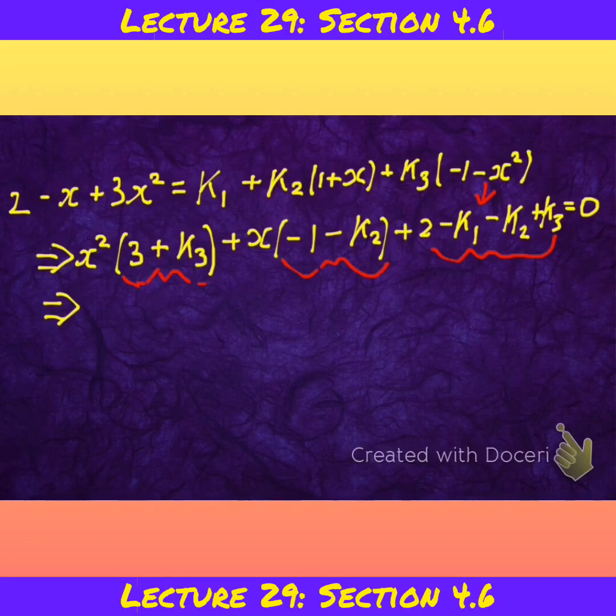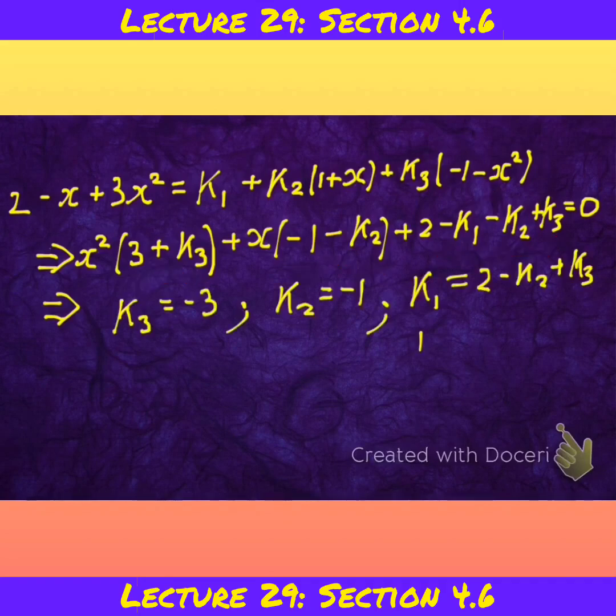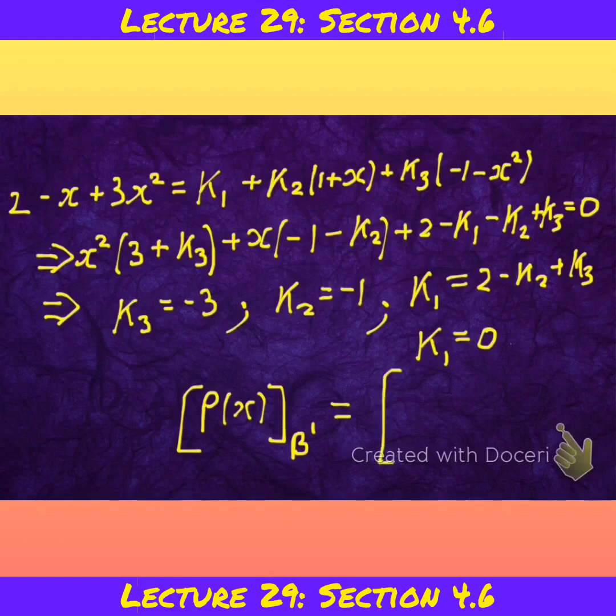So therefore we can solve k1 as 0. So my coordinate vector of p(x) with respect to the basis B prime is equal to the vector (0, -1, -3).